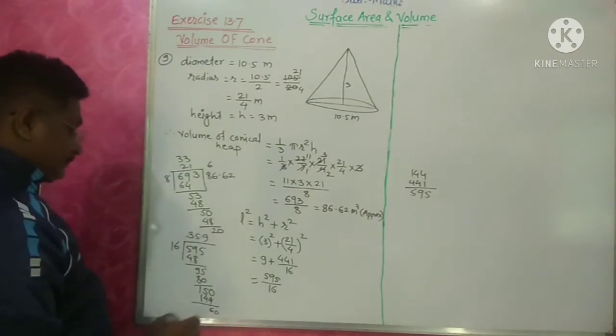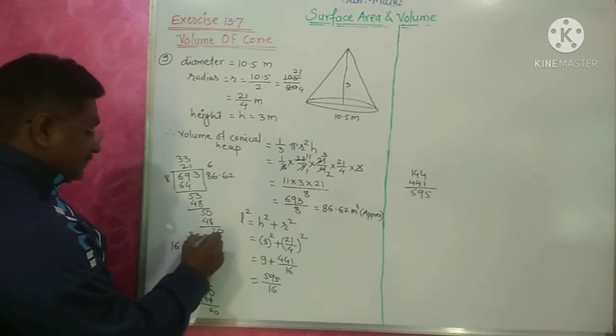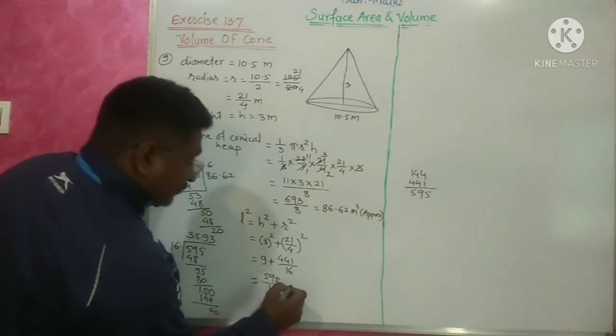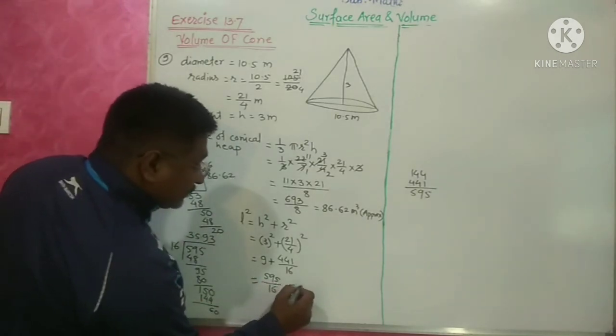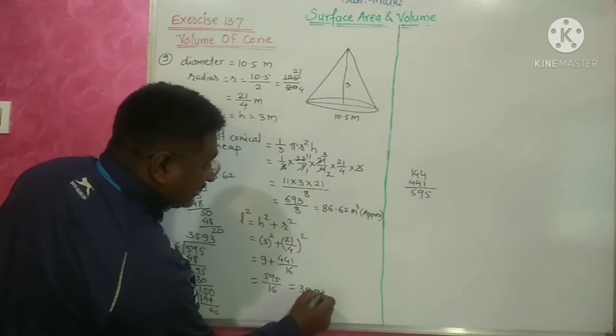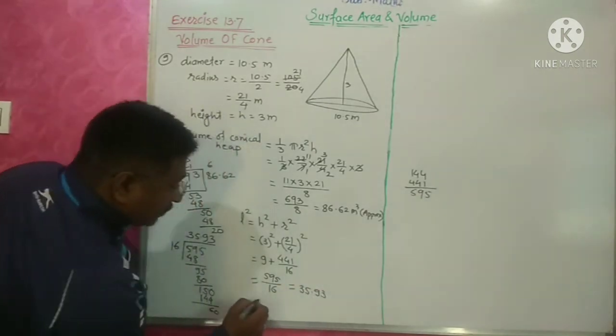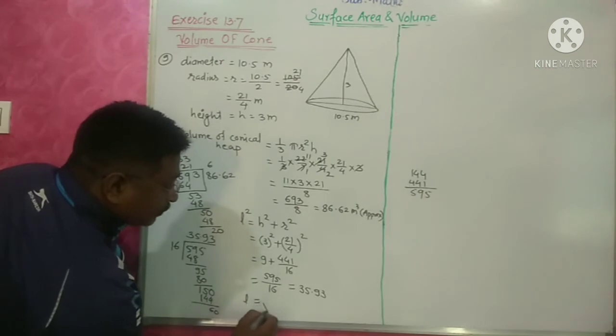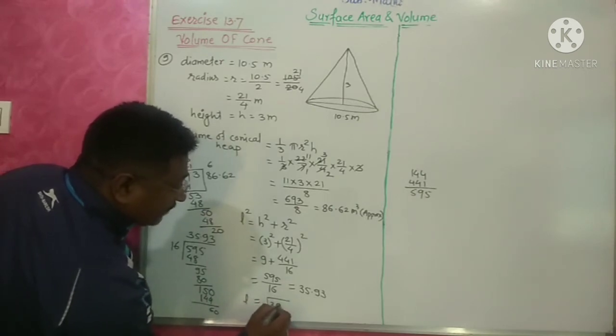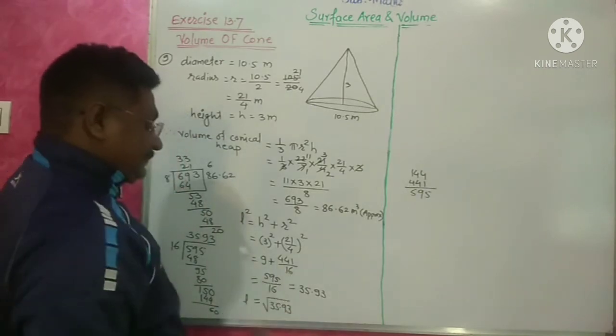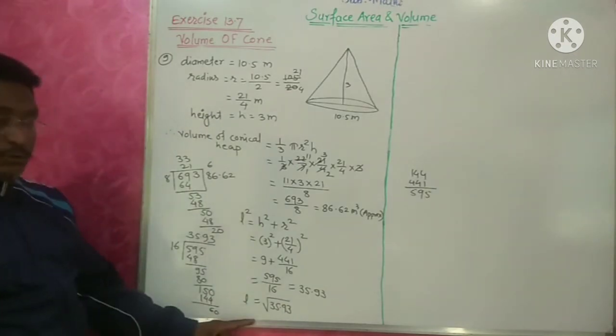So what will we get? 35.93 approximately. So l equals the square root of 35.93.